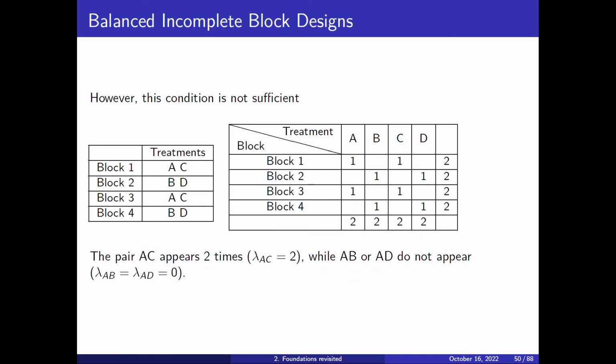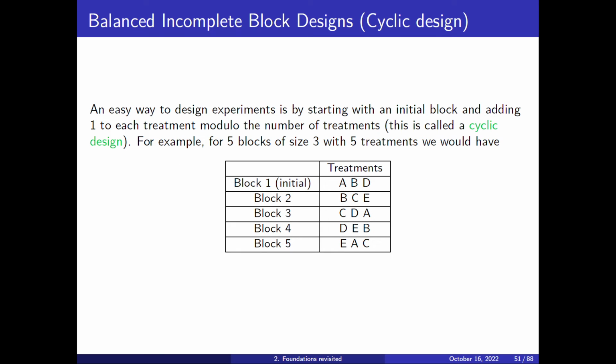Okay, so an easy way to design experiments is by starting with an initial block and then making a kind of cyclic design. So we start with some combination, ABD, and then we shift by 1. Let's say that we have 5 treatments.